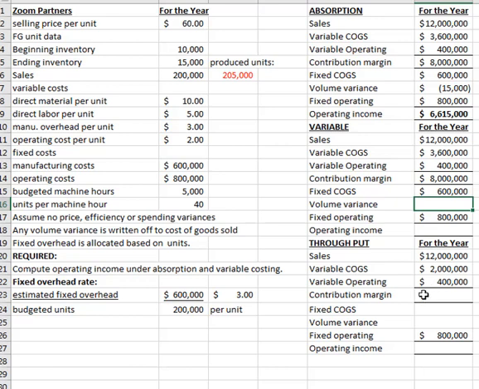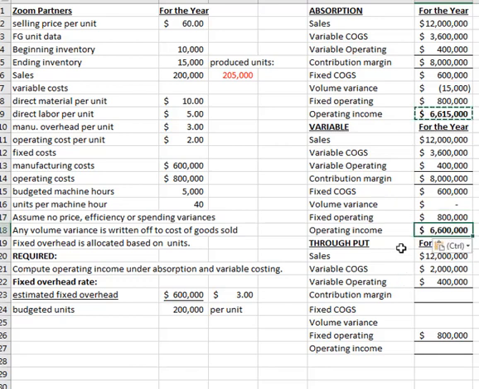You're not using this $3 per unit and applying that into work in process, because it's not going into work in process. It is going straight to the income statement as a period cost. And since it's going straight to the income statement as a period cost, it doesn't get attached to any per unit. So there's never any volume variance in variable method.